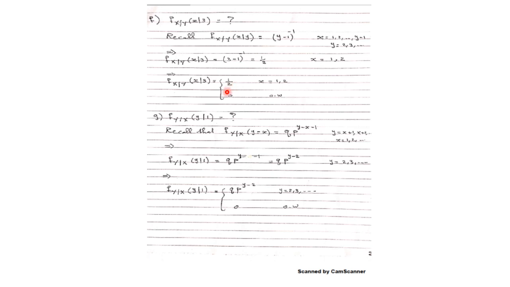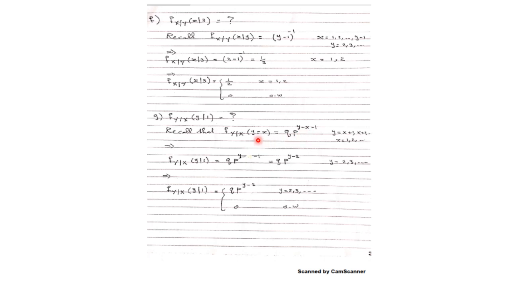Okay? In part G, the last part, we want f of y given x for x given 1. So that means x is fixed at what? At 1. Again, from the previous part, from the previous slide, we obtained f of y given x. And it turns out to be what? q p raised to y minus x minus 1.